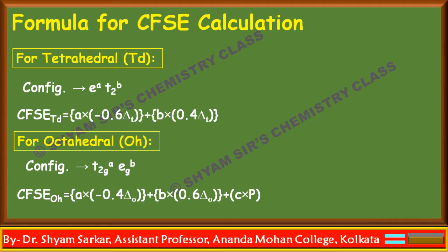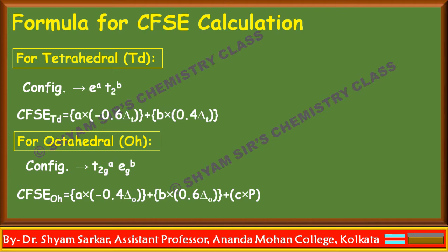You will always consider the number of additional pairing energy compared to that of spherical field. So with respect to spherical field, how many more additional pairings we are getting in case of octahedral, that only we should consider in the calculation of CFSE. I will show you how to do that.